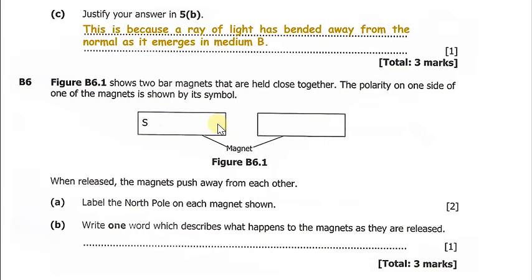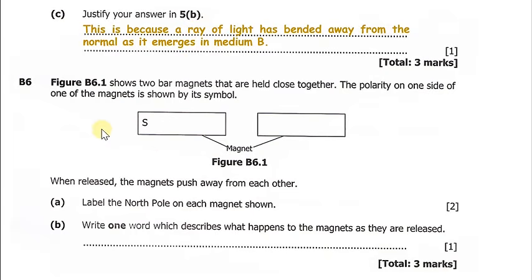Here it is definitely north, but here we don't know. But when released, the magnets push away from each other. So these were held closer, but when someone stops holding them, they push each other away, meaning this one went away and this one went away.